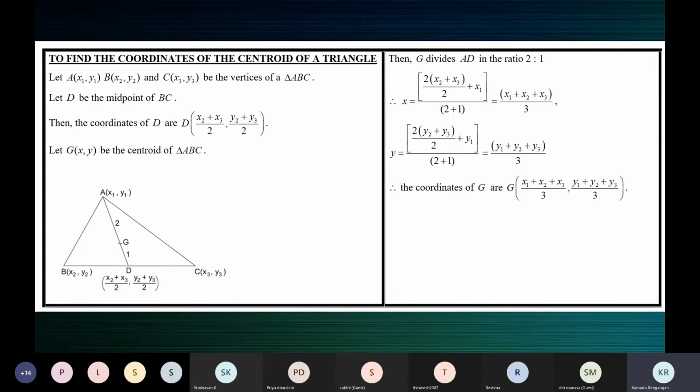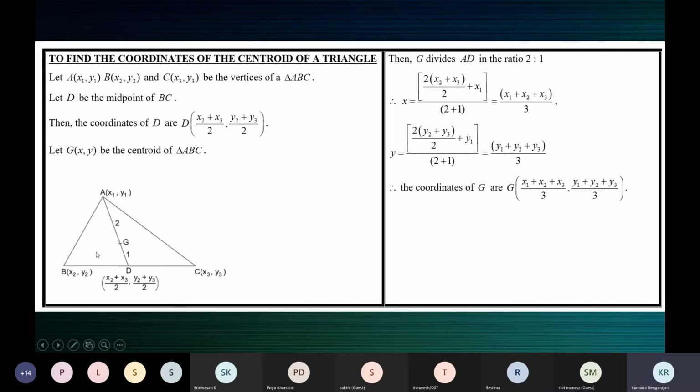The x coordinate of G is given by x1 plus x2 plus x3 by 3. Don't get confused. It's not 2, it's 3. And the y coordinate of the centroid is given by y1 plus y2 plus y3 by 3. You can use this formula. For objective questions, it will be very useful.